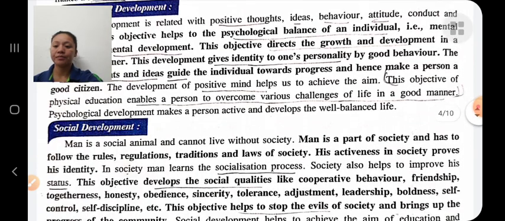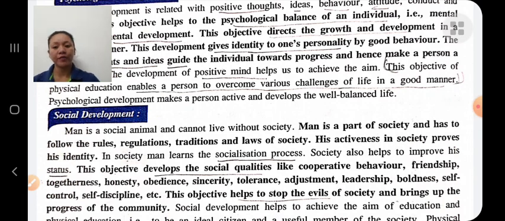Social development: as man has to live in a society, he has to follow the rules and regulations of the society.